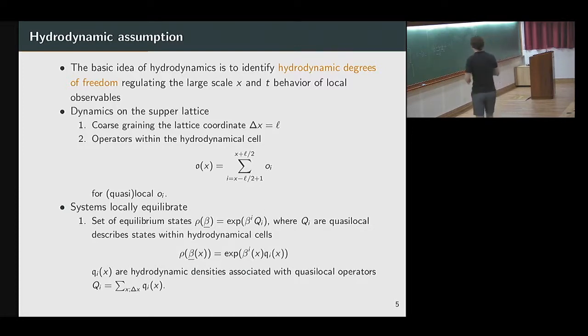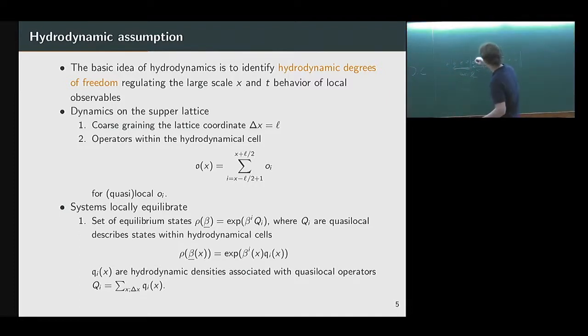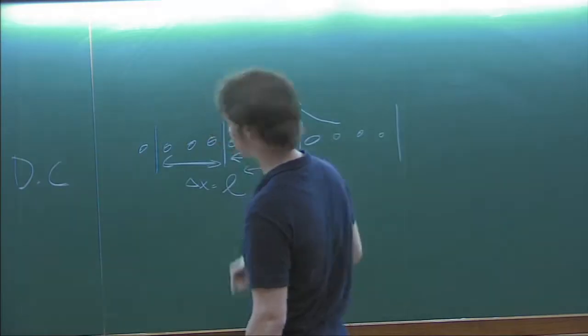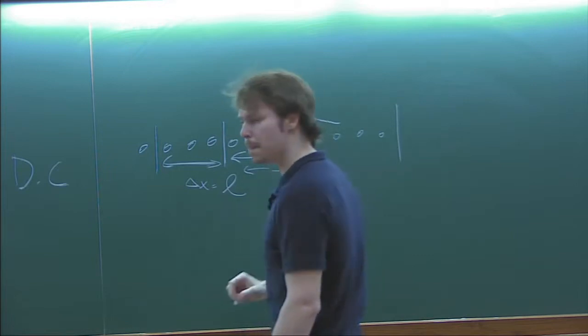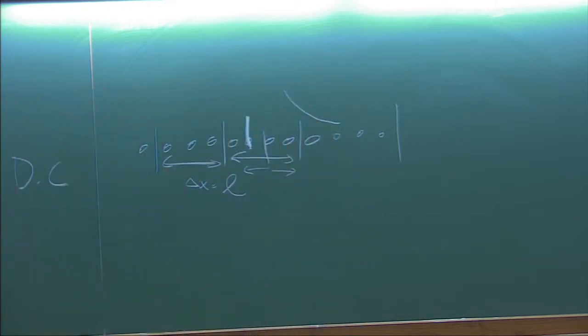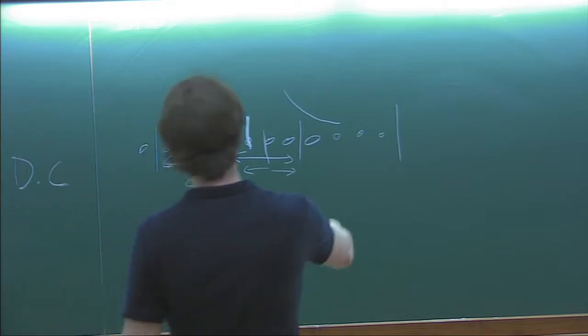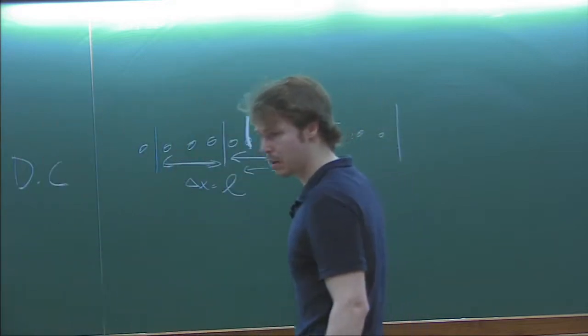The i is a site index, but it doesn't mean that this is necessarily an operator at a single site. What it means is that it's an operator which starts at site i. And X just tells you where the middle of the cell in your chain is.